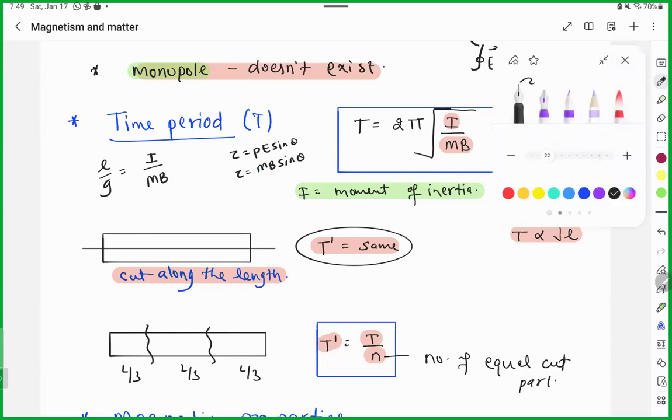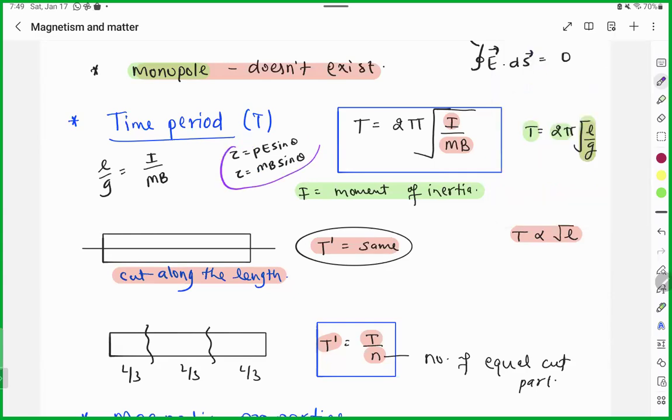But isn't torque a cross product, M cross B, not M dot B? No, it is not dot. That's why I wrote sine. In cross only you have sine theta, right? In dot you have cos theta. Yes, we are considering the angle to be 90 degrees. So MB will be equal to torque.